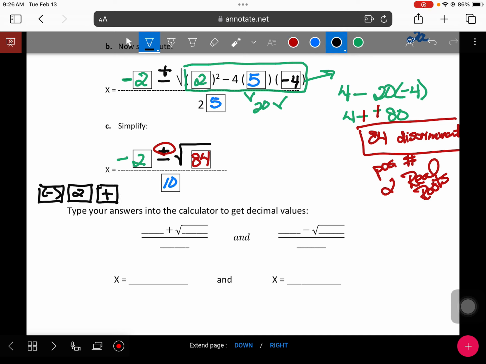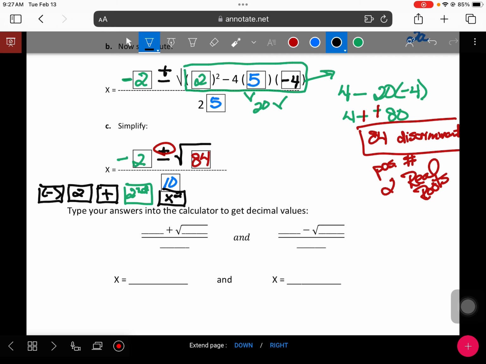okay. Then the square root, you have to hit the green second button, which is in the upper left-hand corner. And then you're going to hit the x squared button, which I think is just to the left of 7? Is that right? Okay, and that should give you the square root, right?